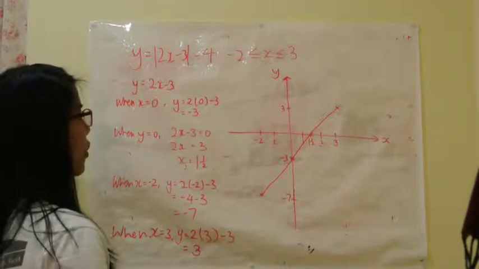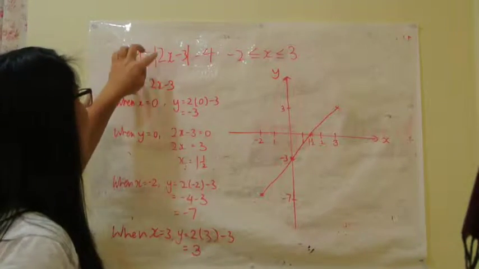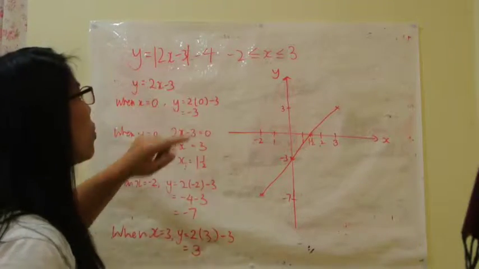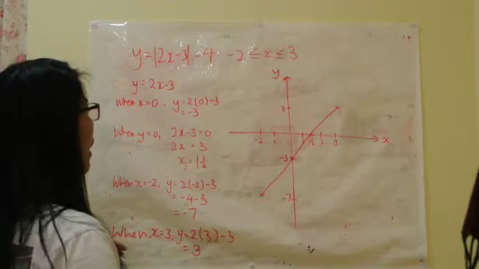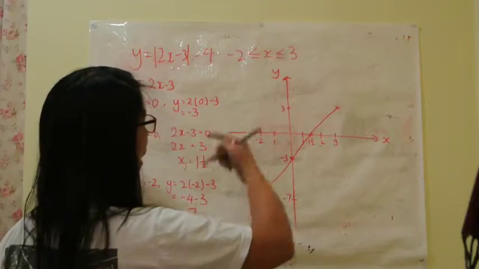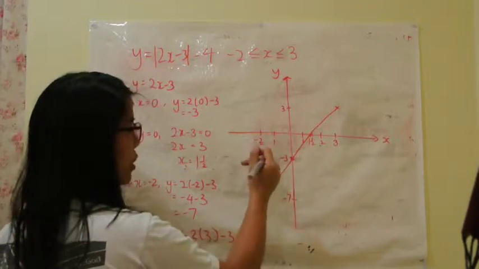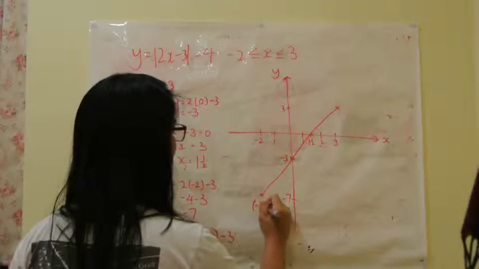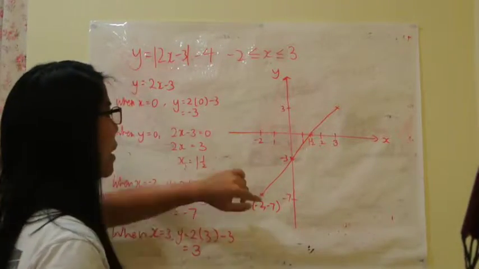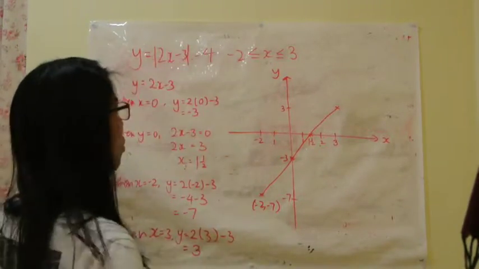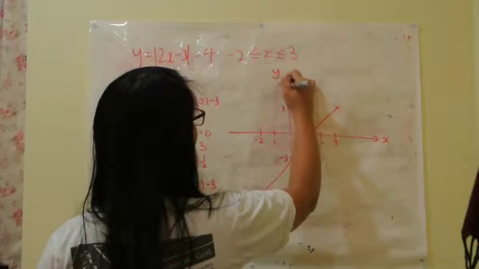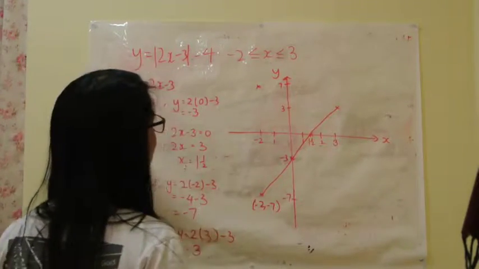Quite easy. Now what I want to do is to draw mod 2x minus 3, so I will flip everything upwards. What was my endpoint originally, minus 2 comma minus 7, when I flip it upwards becomes minus 2 comma 7, so I'm going to mark that out.